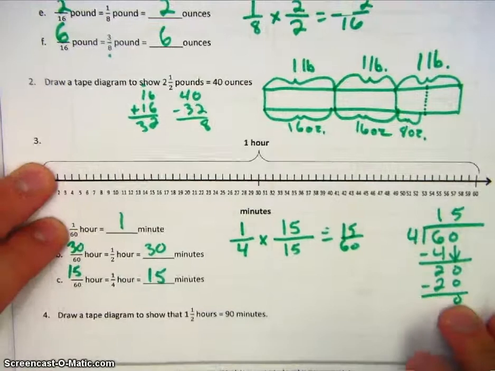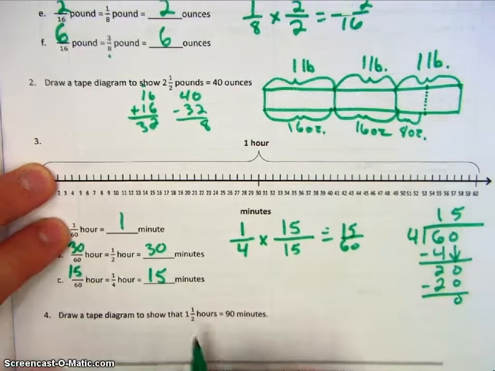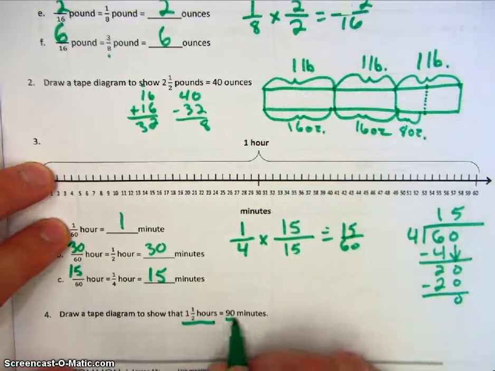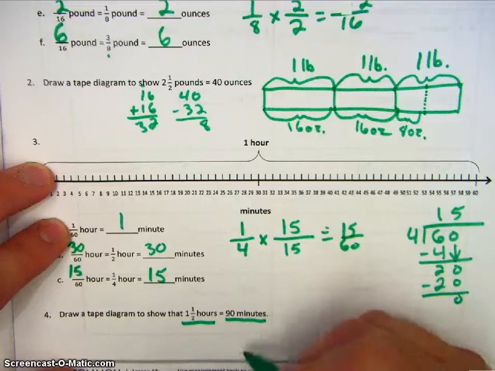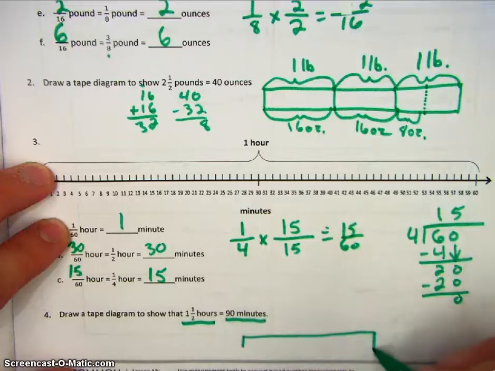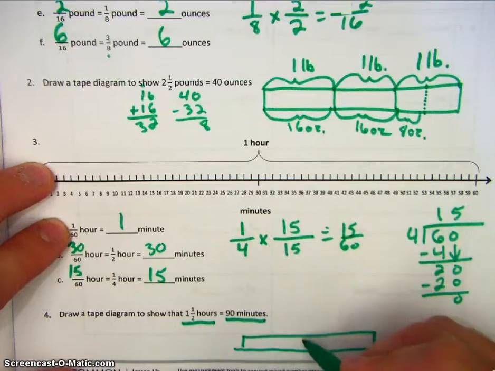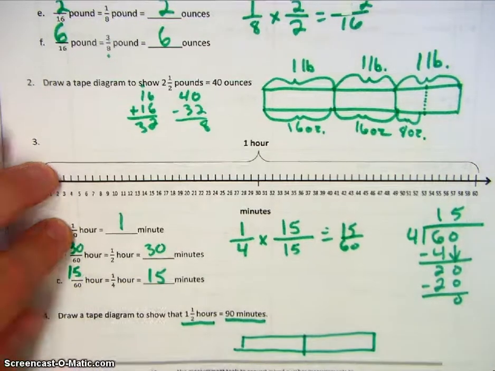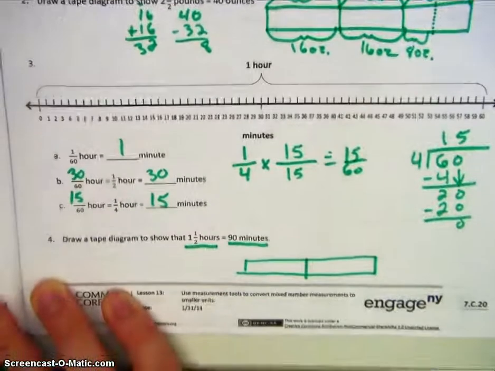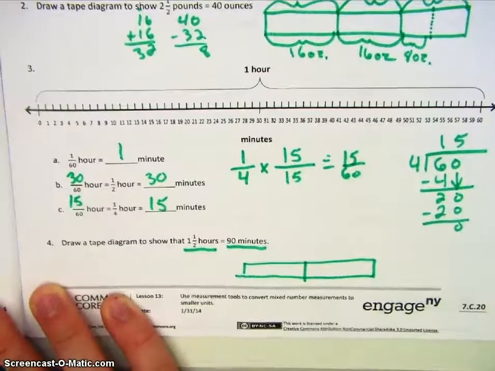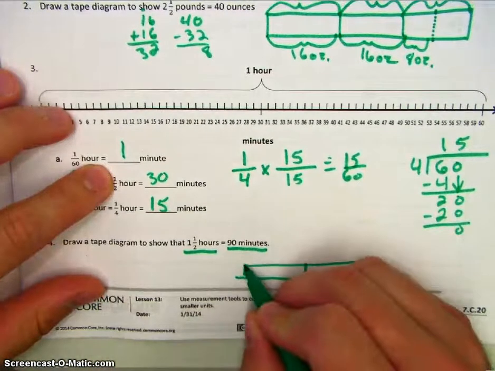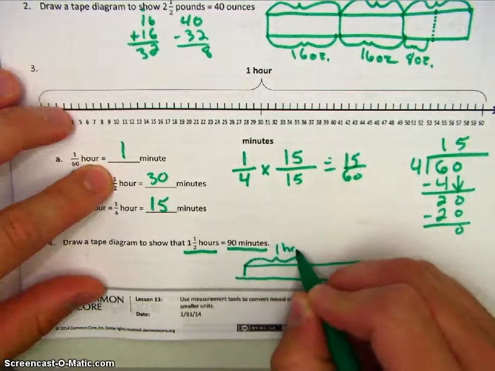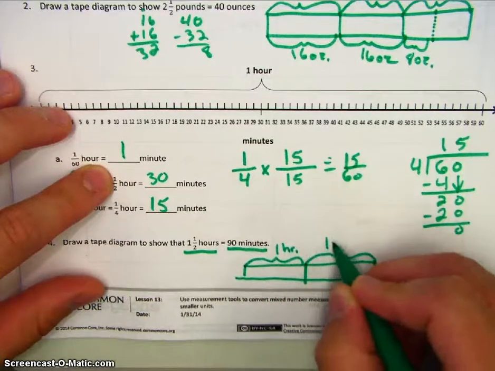So next, for number 4, we're going to draw a tape diagram to show that 1.5 hours is 90 minutes. I'm going to put it into two sections to show 2 hours. So here's 1 hour, and then here's another hour.